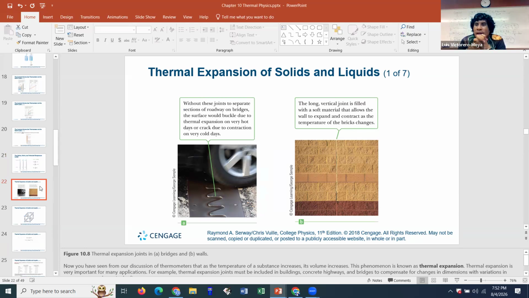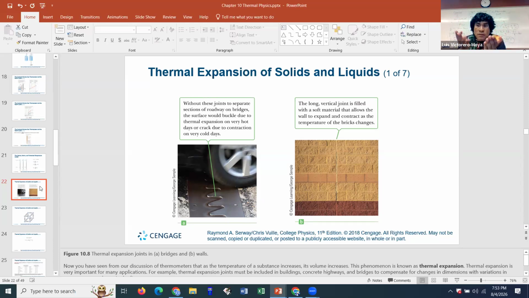You probably have heard about railroads, separations, vertical joints filled with soft materials, right? And why do we do that? We do that due to thermal expansion. You see, in a very hot day of summer, metal or any element, depending on a coefficient that I'm going to show you, will expand.